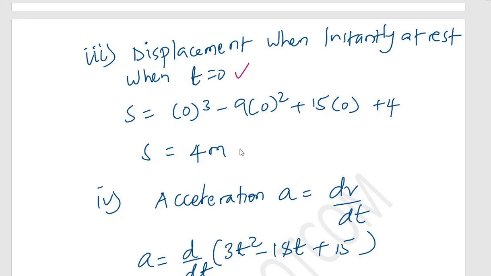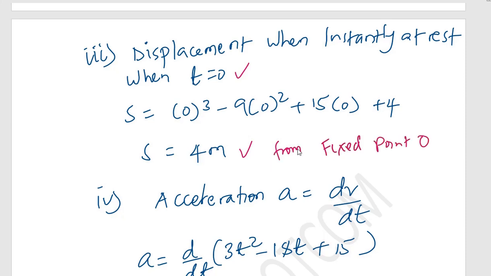It will give us s, or the displacement, equal to 4 meters. So it means the current, when it is instantly at rest, when t is equal to 0, will be 4 meters from the origin or the fixed point O. So it is 4 meters from the fixed point.